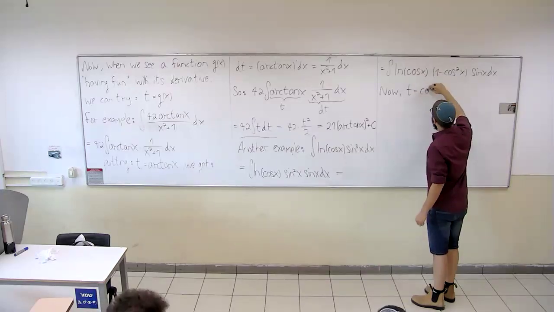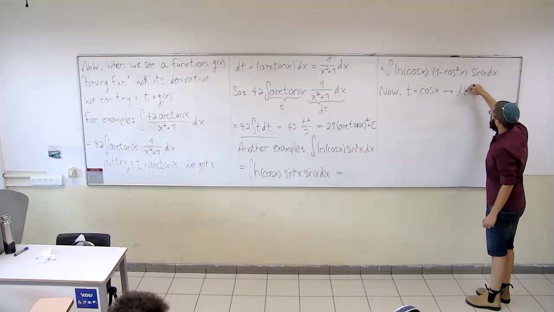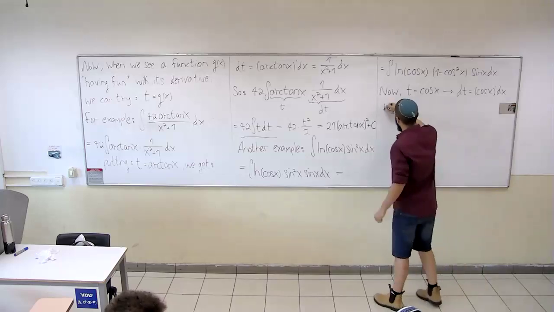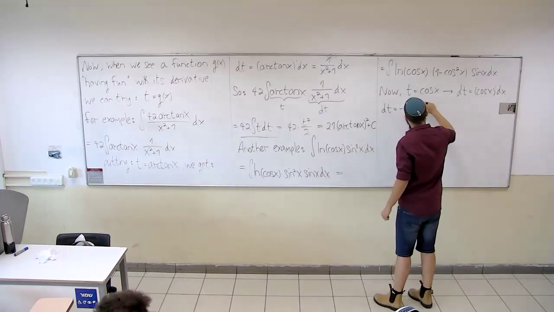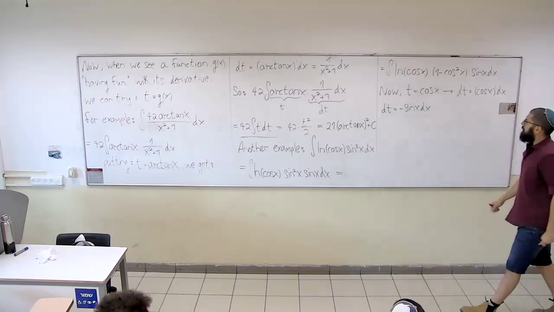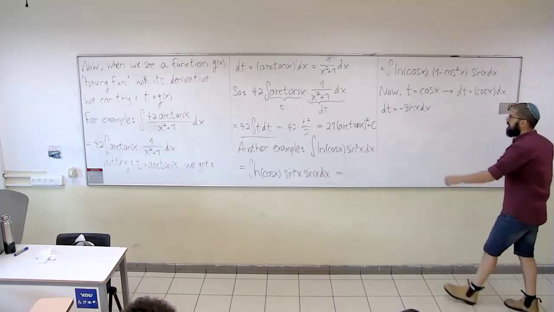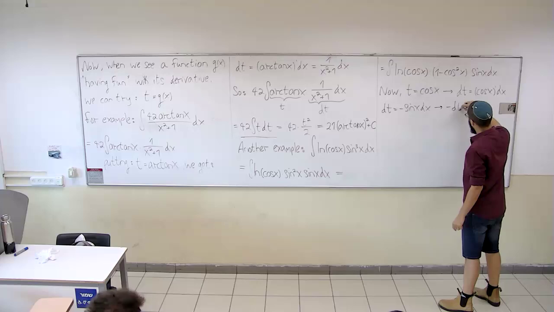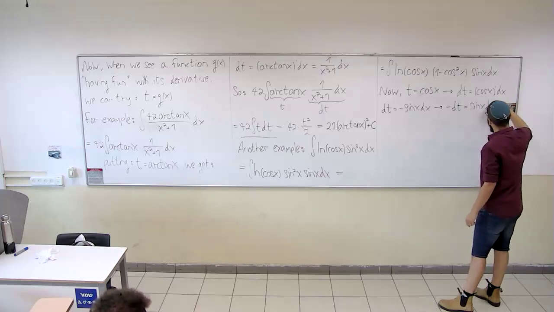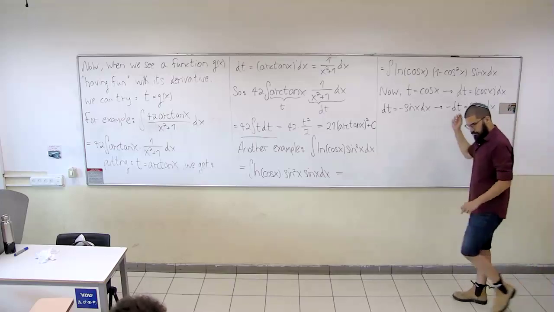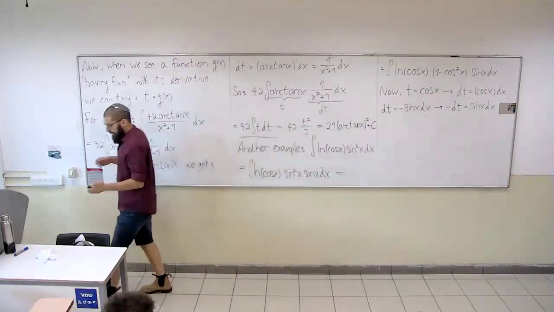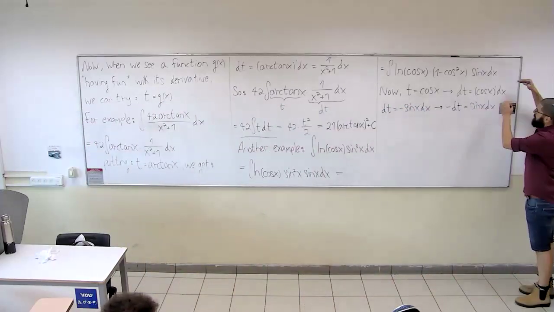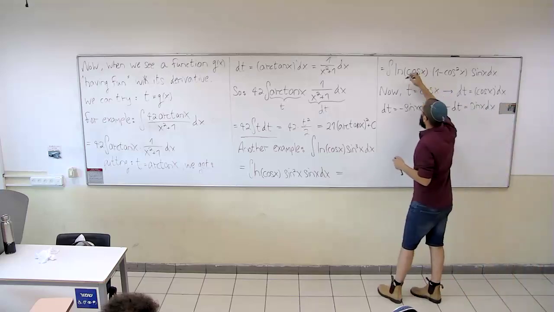But now, if we put t is cosine x, we get dt is the derivative of cosine x dx, which is minus sine. Perfect, whenever I'm wrong, of course. And well, we can put the minus here if we want to get exactly what we have in our integral. And here, with this substitution, we get this ln t.